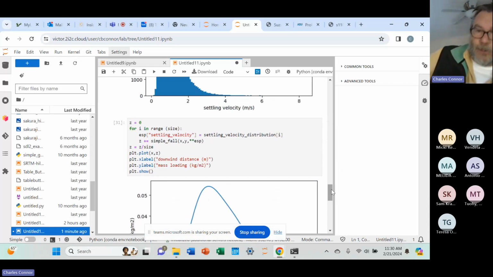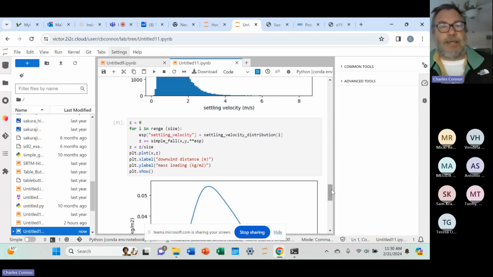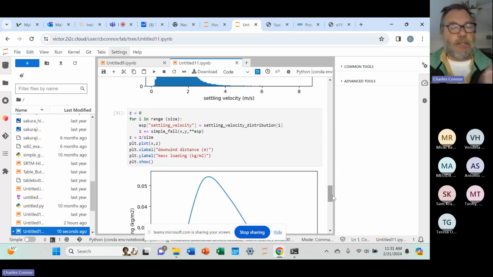Costanza, in her dissertation, developed a model for the settling velocity based on particle size. It's a Stokes settling model in an atmosphere with different Reynolds numbers, different turbulent or laminar flow regimes and that sort of thing. So you can develop a mathematical model that way.